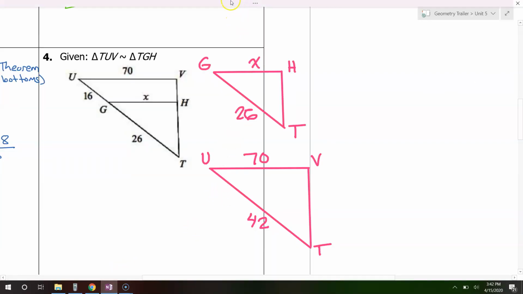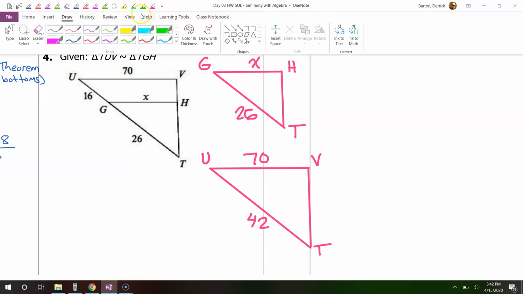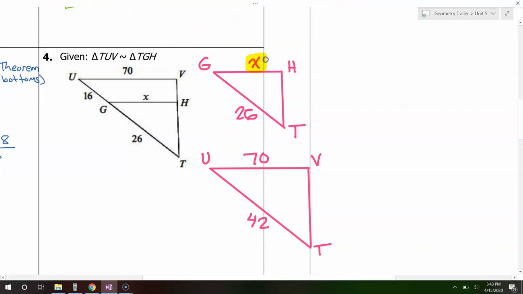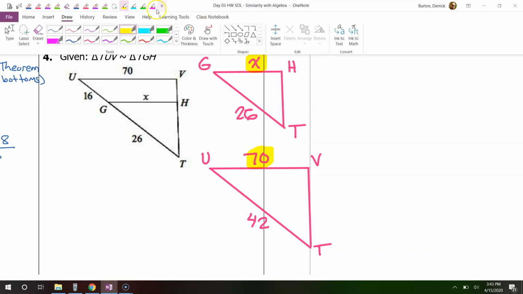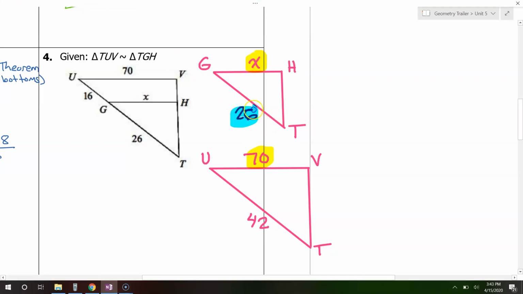All right. Now that we have it drawn separately, it's pretty easy to see that these are corresponding sides and these are corresponding sides. So just pick one triangle and call it new and call the other one old.